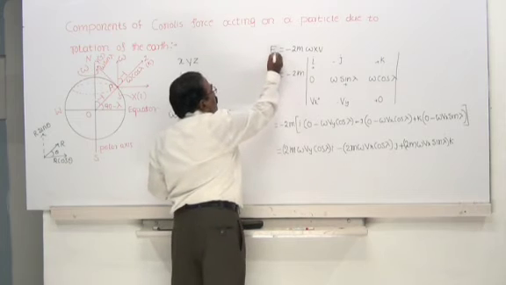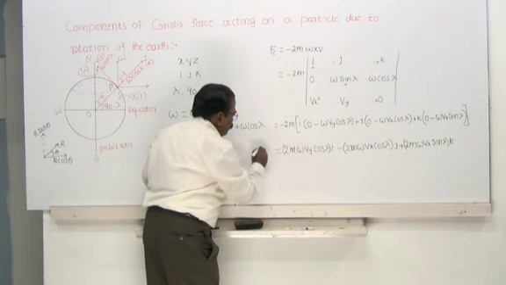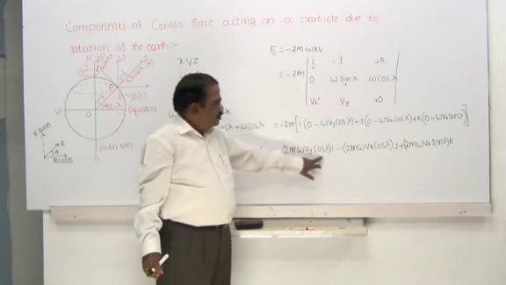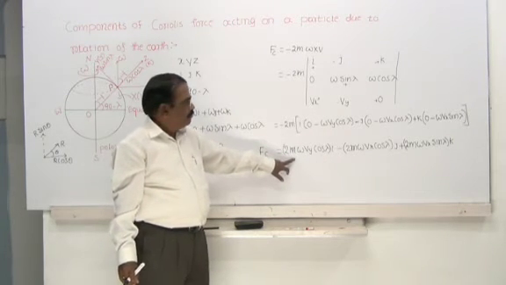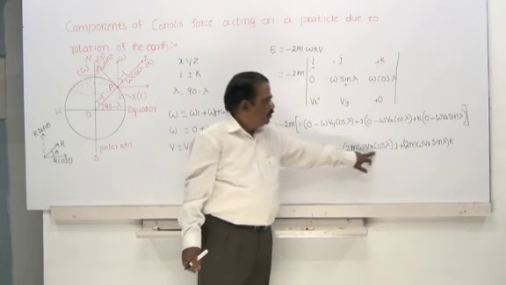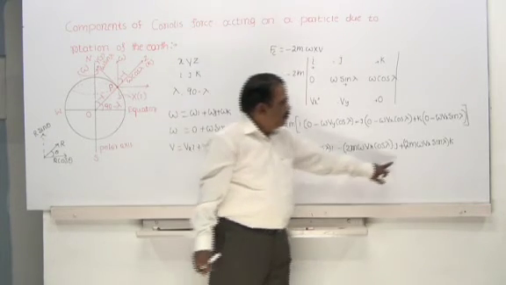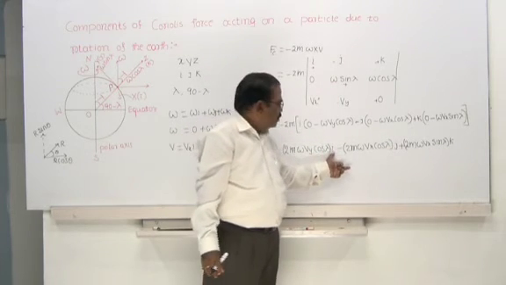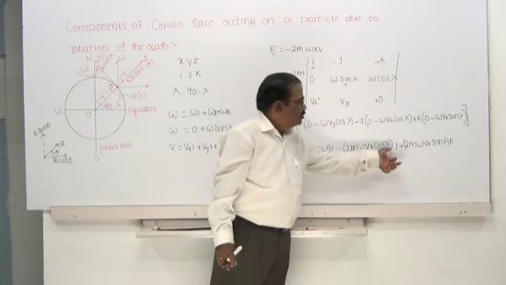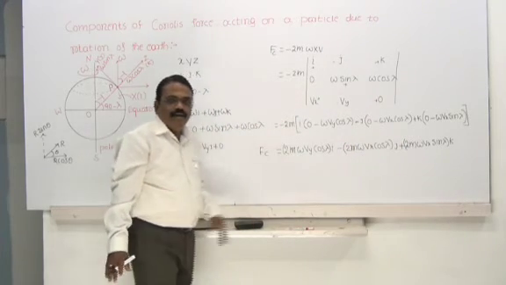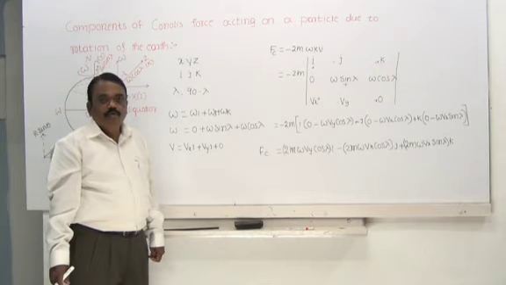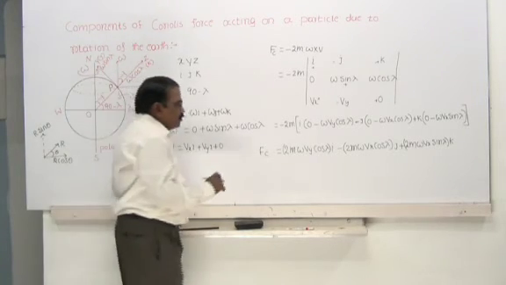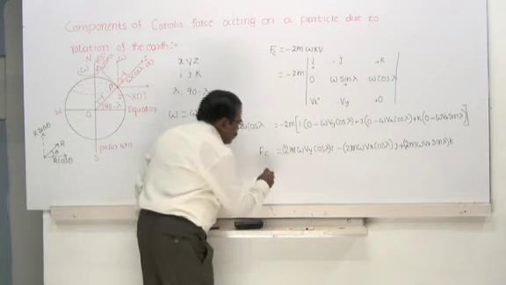This is the Coriolis force, total force. This is the x component, this is the y component, and this one is the z component, because of these coefficients, the unit vectors i, j, k. You know that i, j, k are the unit vectors. Write down these components.